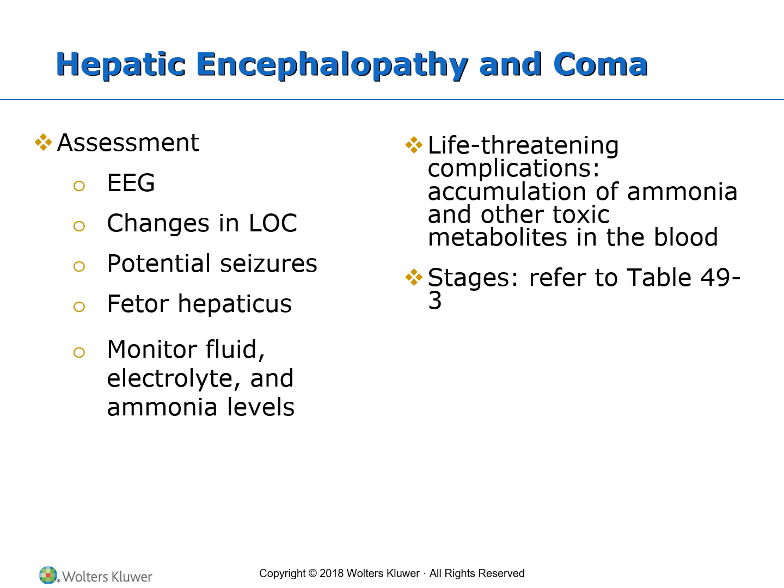The ammonia stimulates gamma aminobutyric acid neurotransmission, and this will cause CNS depression. It will inhibit neurotransmission and synaptic regulation, and this results in the patient having sleep and behavior disturbances. And the patients can have seizures, so you want to put them on seizure precautions.